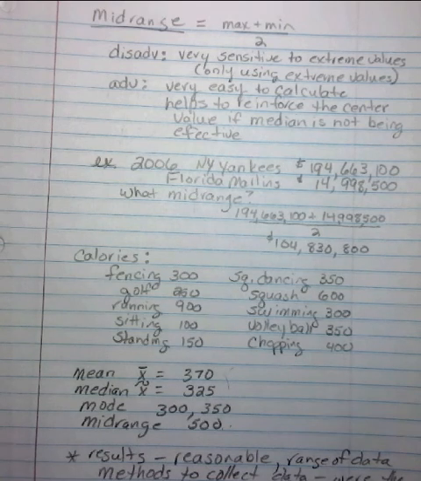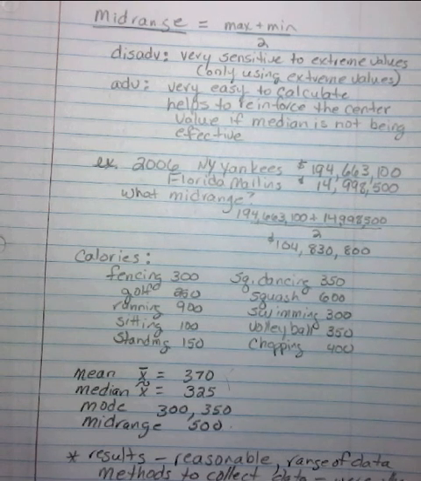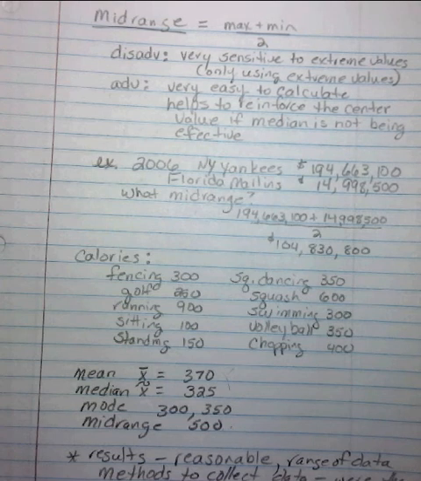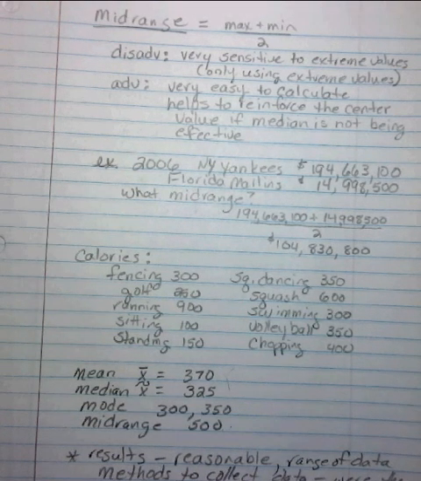And then we have to think about how to choose which of those measurements is the best measure of the center. Sometimes it may be just one of the items. Sometimes it may be more than one that is the best measure of the center.